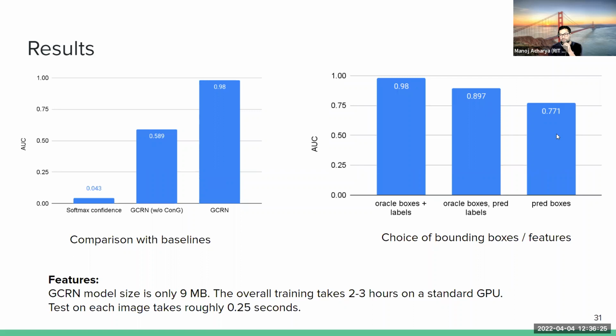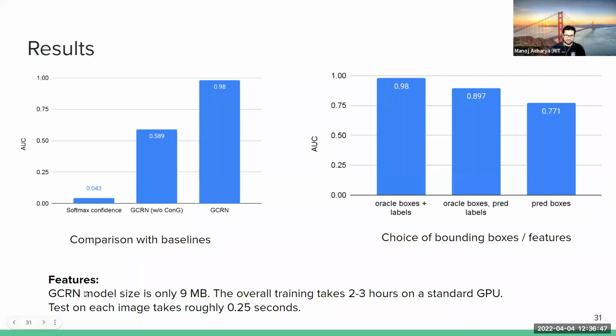And if you're using predicted boxes and predicted labels, which come from, let's say, Mask RCNN or some other box proposal methods, then the performance is even lower. So what that means is that if you have better bounding box features and labels provided, our system can get even better.